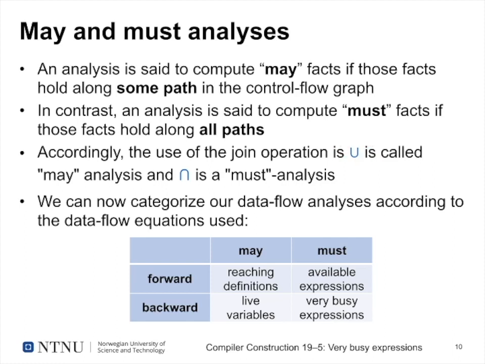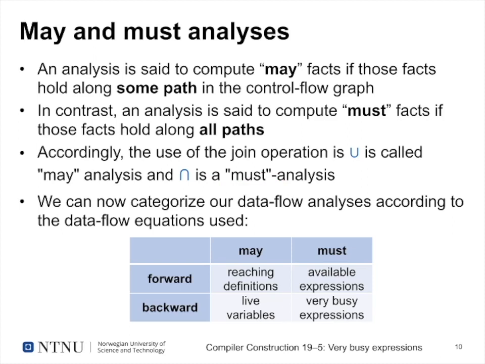If we are using the join operation, this is a may analysis, so at least one of those must hold to give a result that's not empty. And if we use the cut operation, we know that at least one part of each of the previous or succeeding data flow facts must be present to give a result. So the cut operation is generating a must analysis that joins paths together.